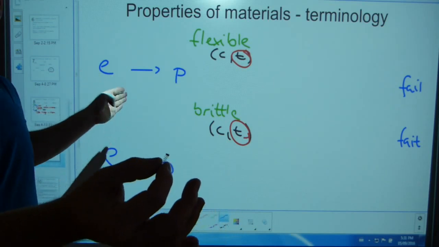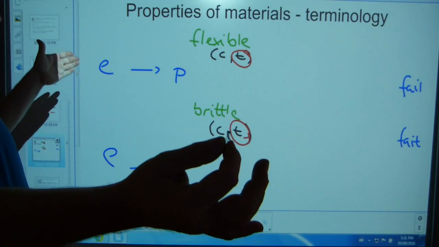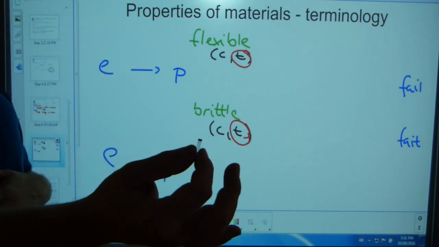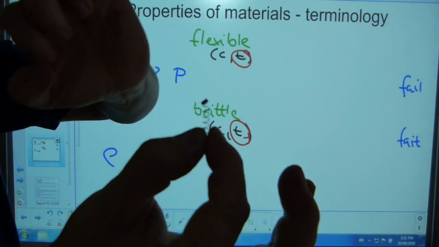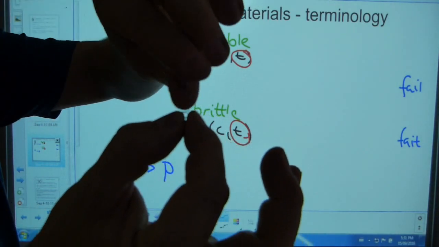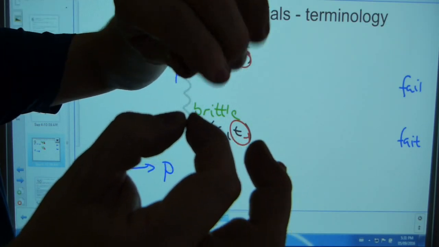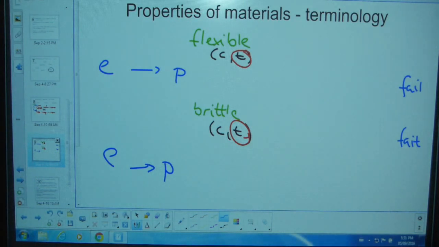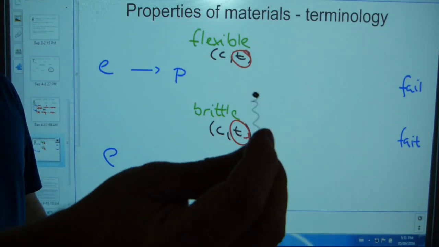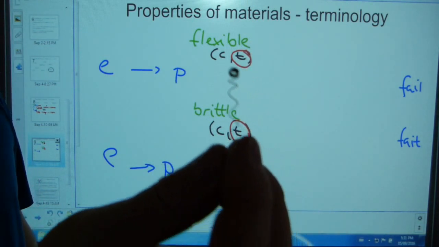But when enough force is applied, it moves to a permanent plastic deformation. So if I pull on it too much, it gets longer and stays that length. It does not return to original shape and size. It didn't fail yet. It's still the wire from which this coil was made.